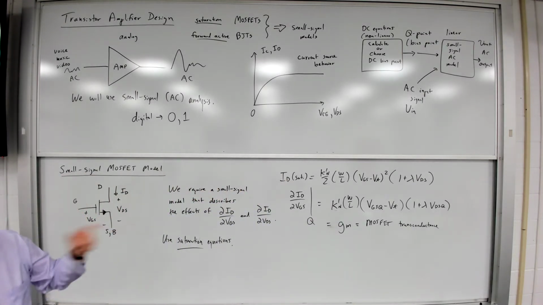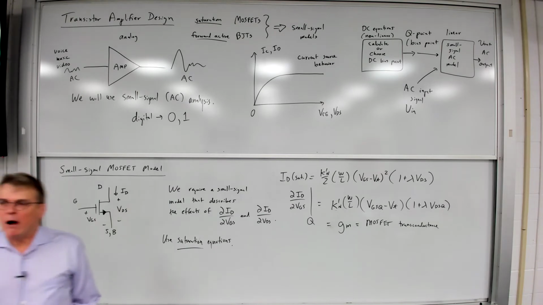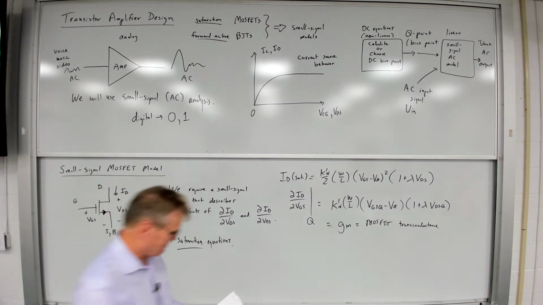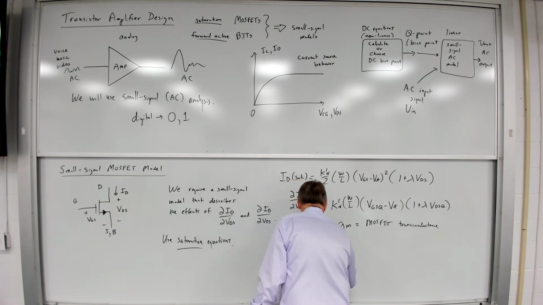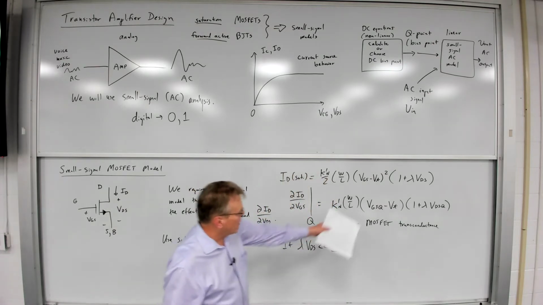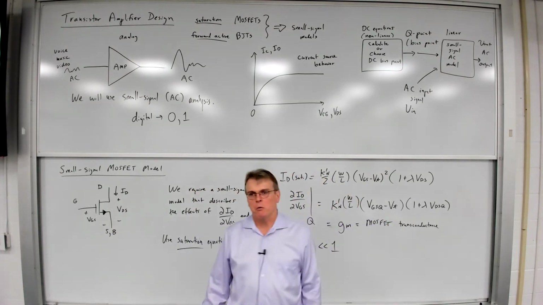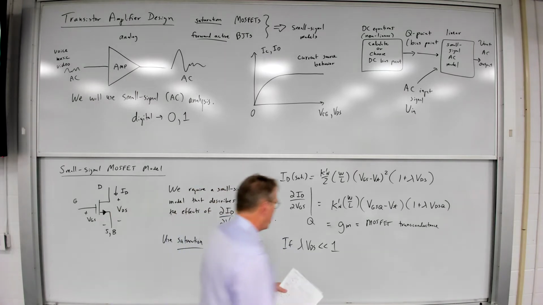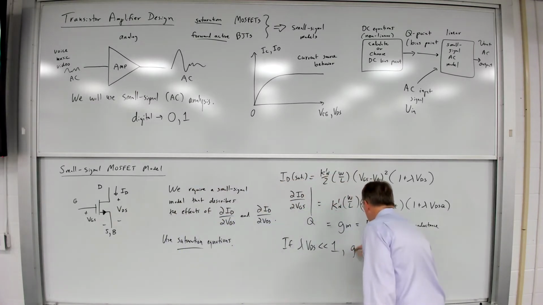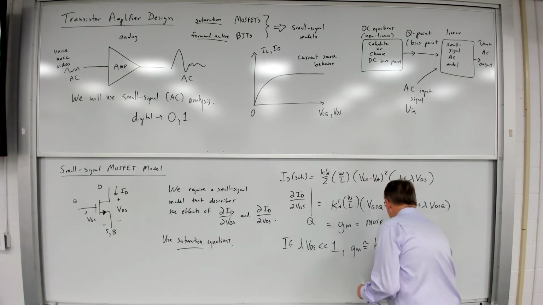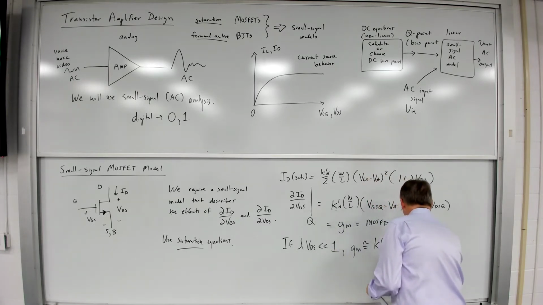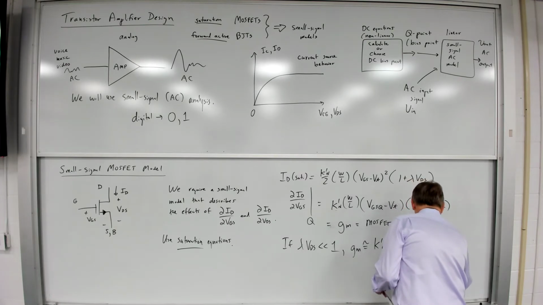All right. So I'm going to now make an approximation we've made before. If lambda VDS is much less than 1, in other words, if this is small compared to 1, then the transconductance will approximately be equal to K prime N W over L times VGSQ minus V sub t.